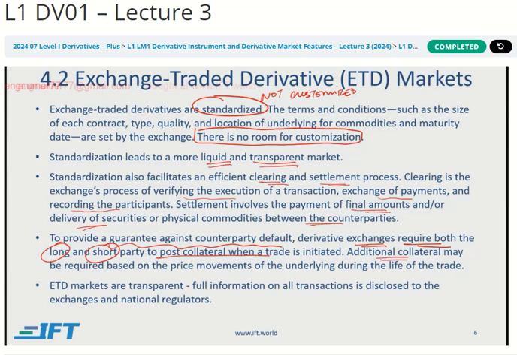So what they have is a margin call, where the exchange calls them up and asks them to put more money or additional collateral depending on the price movement of the underlying, right? So let's say there is an oil producer and there is an airline.